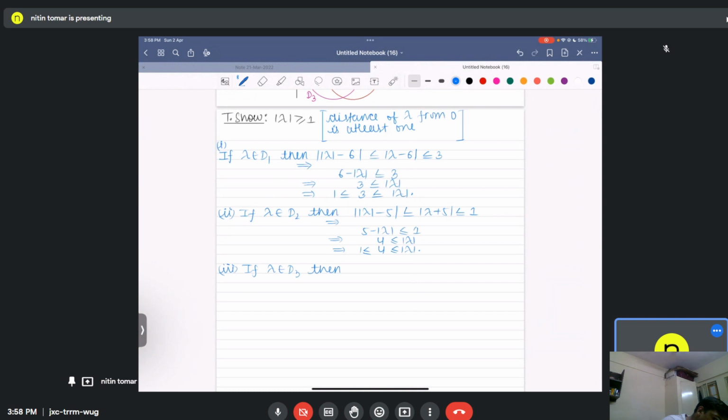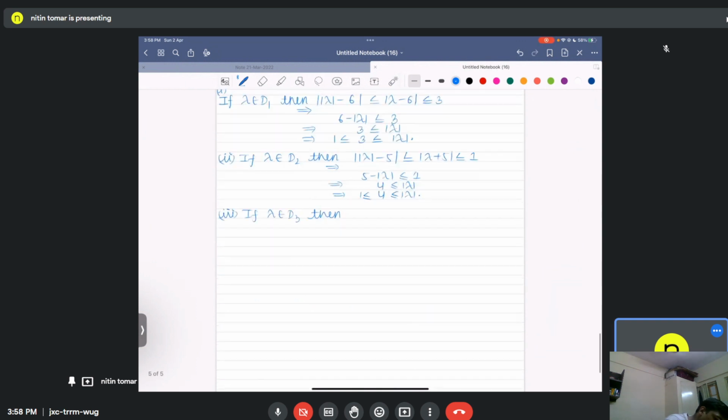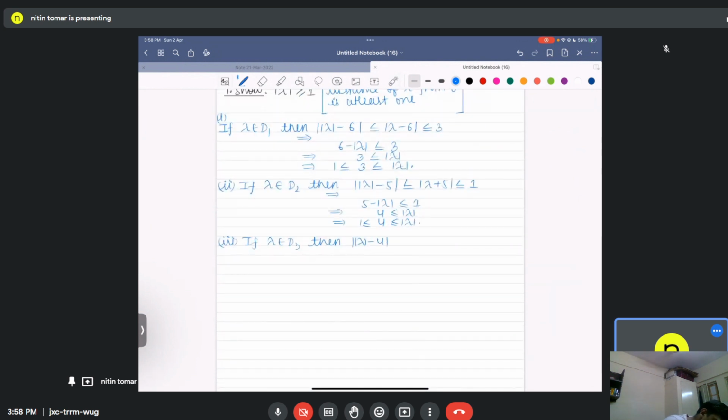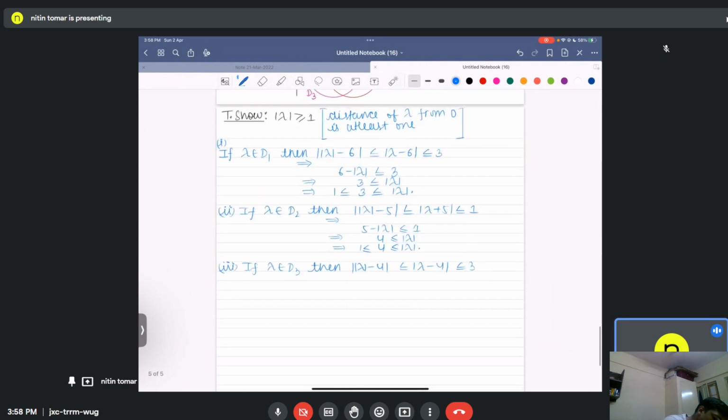Then mod lambda minus 4 is less than or equal to 3. This is D3, right? The first step follows from the reverse triangle inequality.